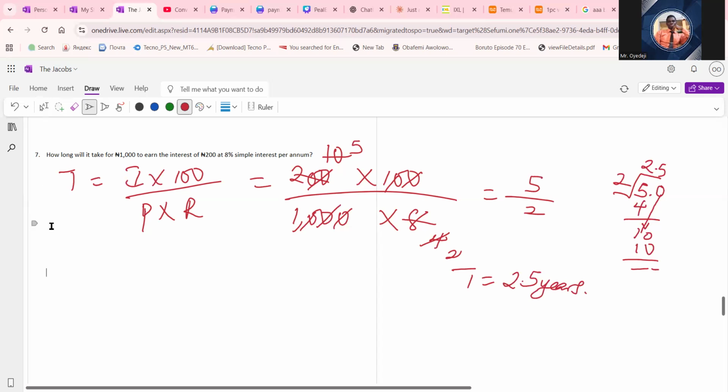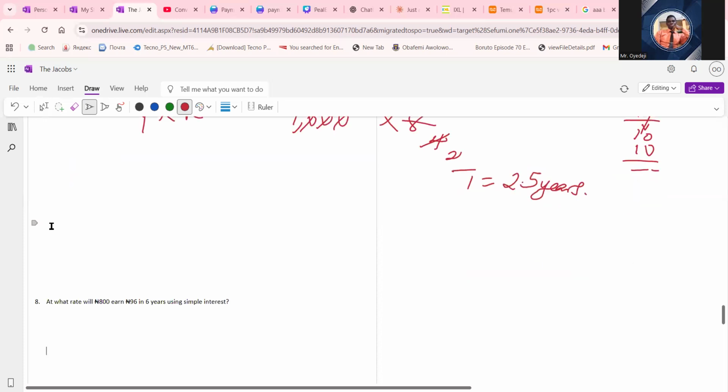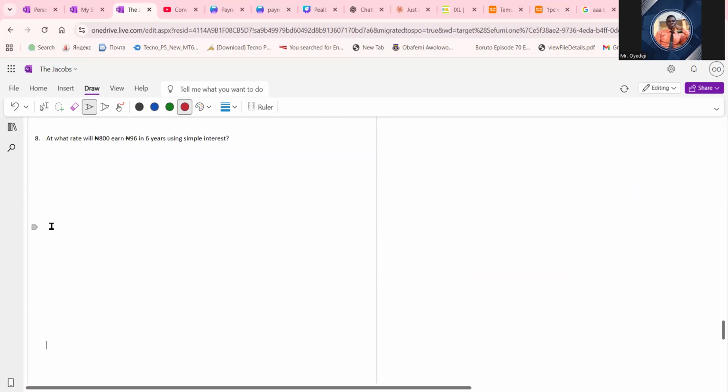And moving on. The last but not the least. It says, at what rate will 800 naira earn 96 naira in 6 years? At what rate? So we are looking for rate.